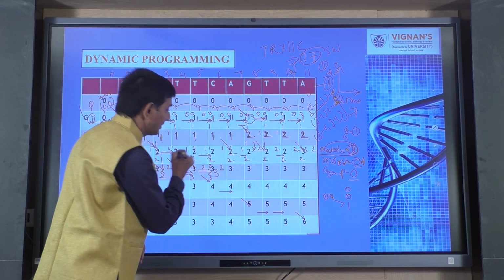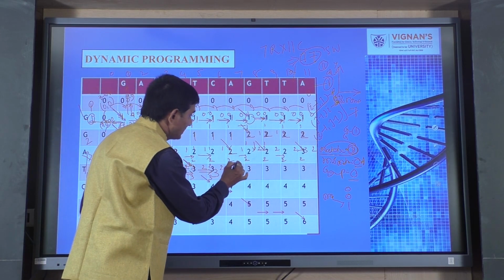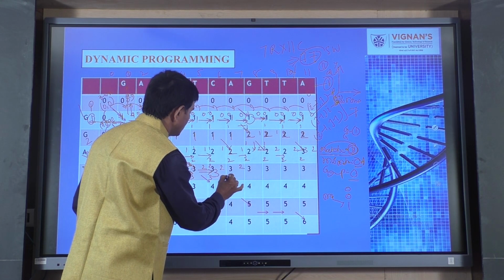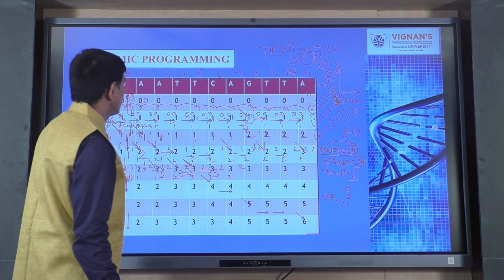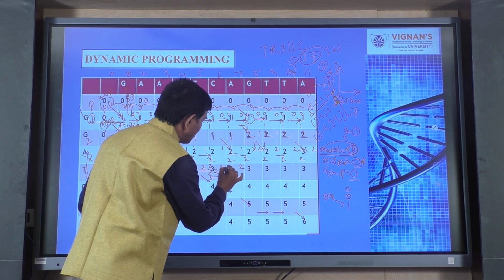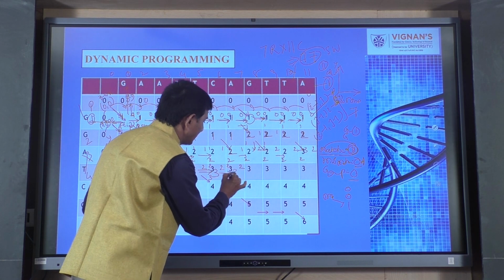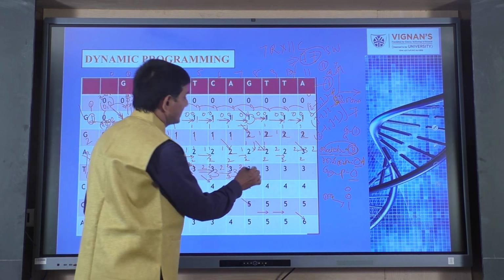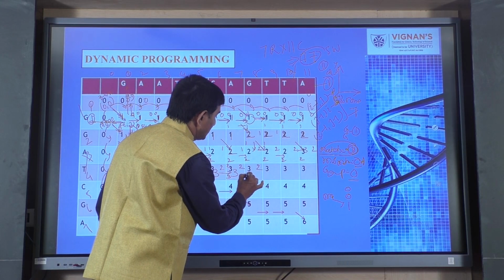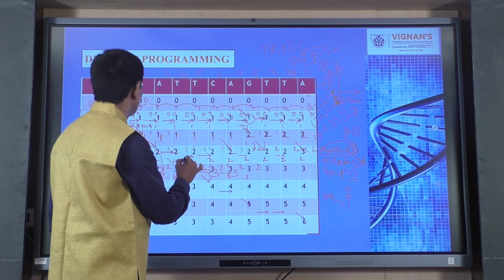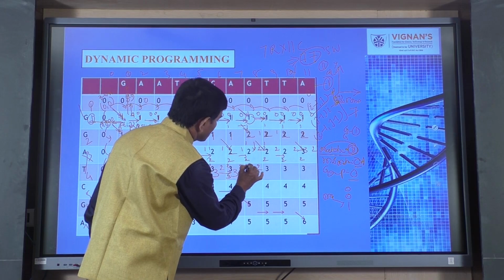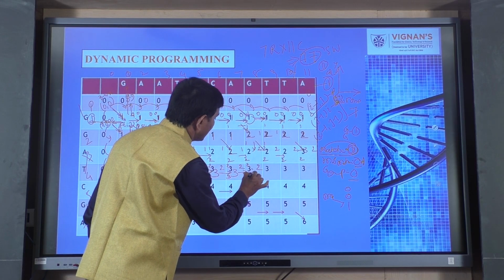So, maximum value of 3. Similarly, for this cell, change in row is 2, change in column is 3, change in both row and column is 2. So, maximum value of 3. Similarly, for this particular cell, change in row is 2, change in column is 3, change in both row and column is 2. So, maximum value of 3.